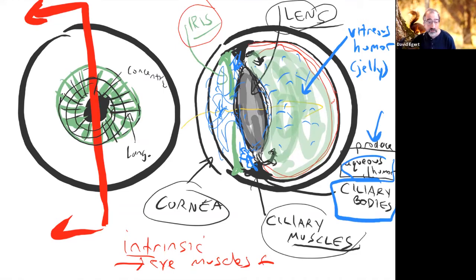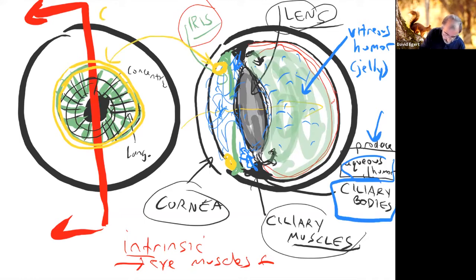So there's a drainage system, and the drainage system is right at the boundary between the iris here and the cornea. So I'm kind of drawing here. There's like a little canal. It would be like a big toroid, like a big donut that goes all the way around. It's called the canal of Schlemm.